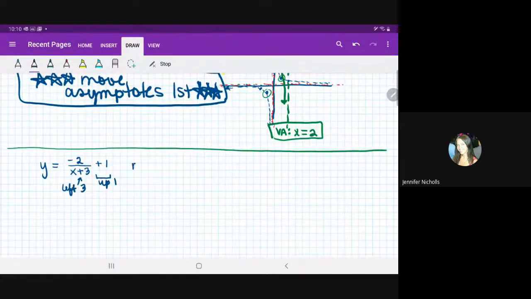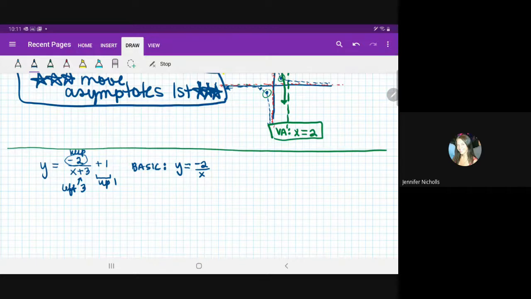But my basic graph is going to keep the 2 in it. Okay, so I don't know what the 2 does. The negative was about flipping, but instead of worrying about what these two things do, I'm going to keep them in the basic graph and just throw out the 1, which I know is up 1, and the 3, which I know is left 3.